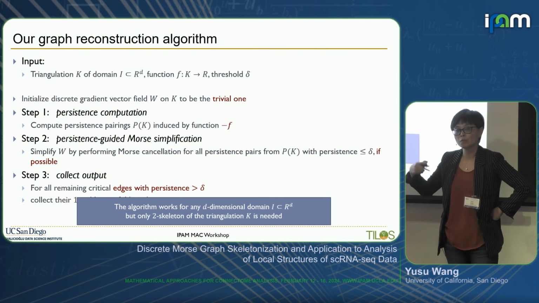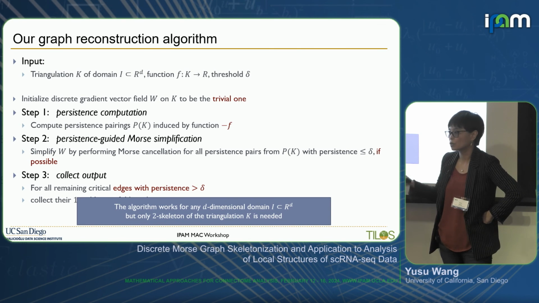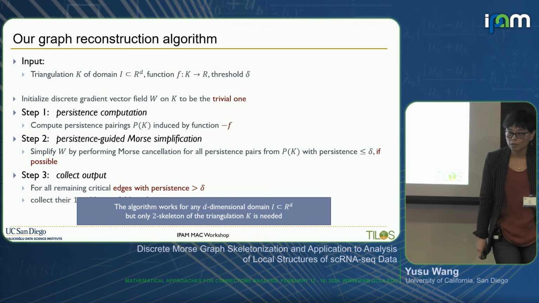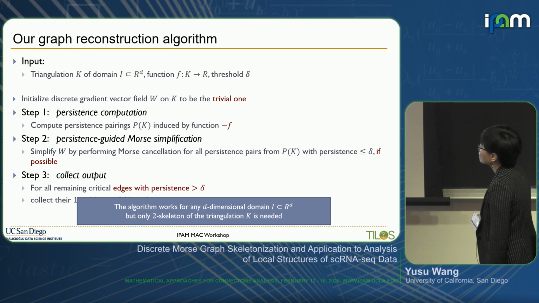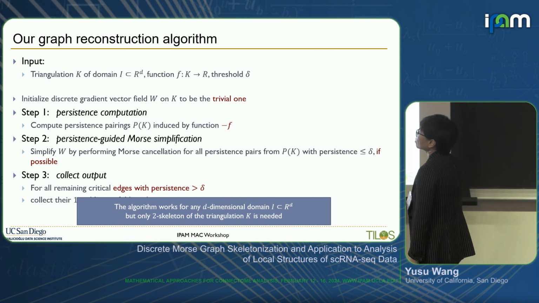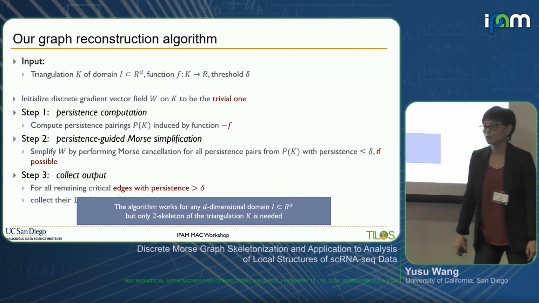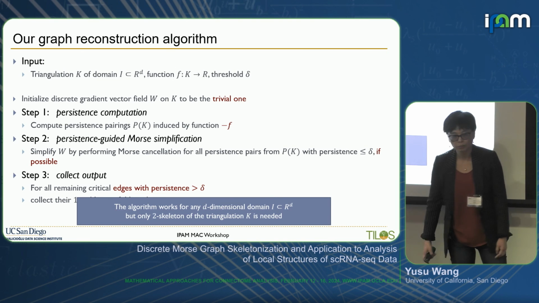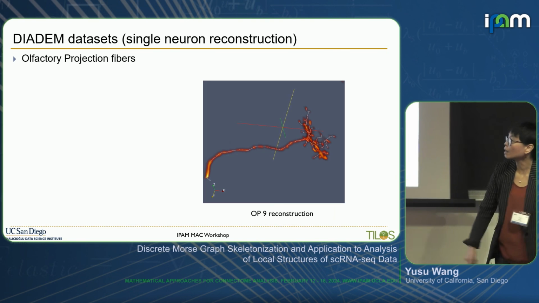But to do the computational persistence, you also need triangles. So you only need the two-skeleton of the domain. You don't need higher order simplices. And of course, you can convert this to handle cubic complexes, which are more common in imaging data. So that's it. That's the entire algorithm.